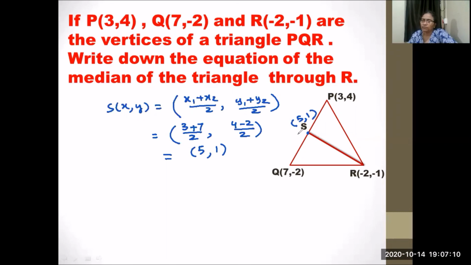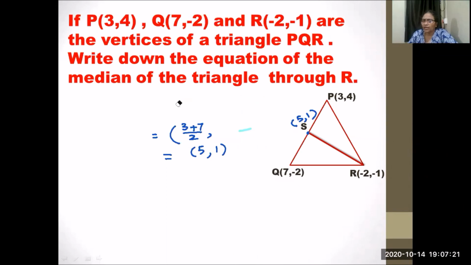So the coordinate of S is (5, 1). Now you know that there are two points on a line, R and S. The equation of that median you need to find. How will you find it? By using the two-point form.